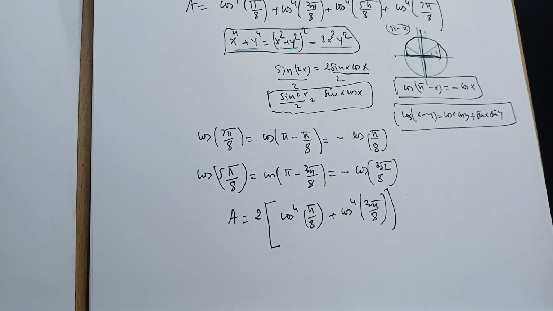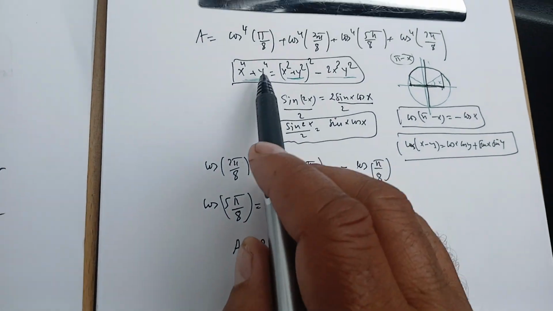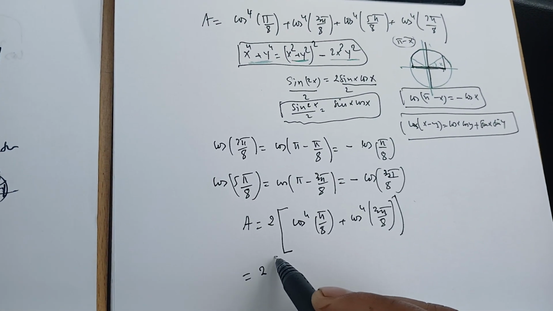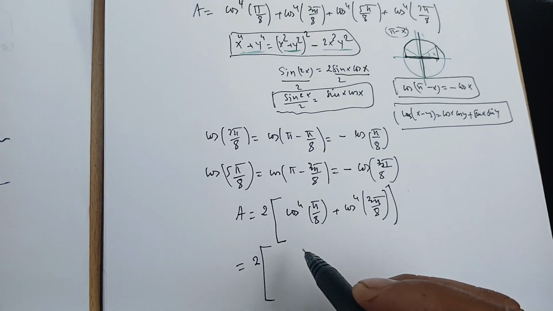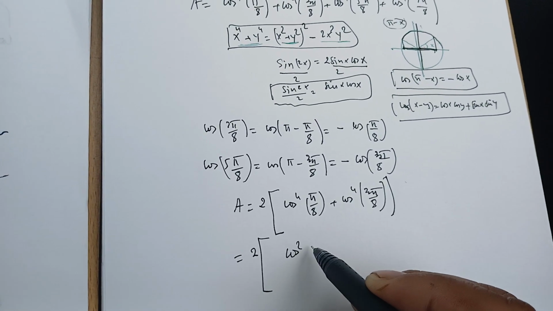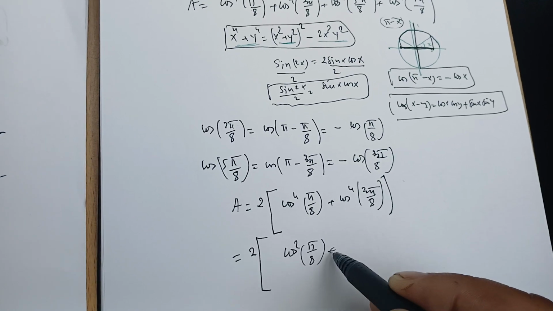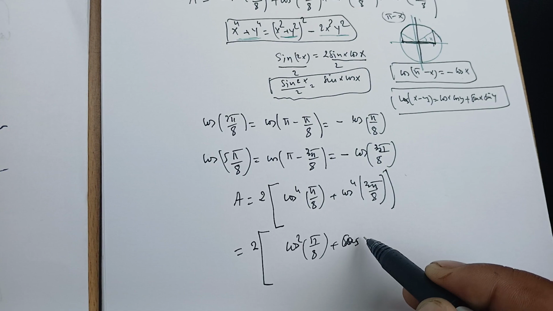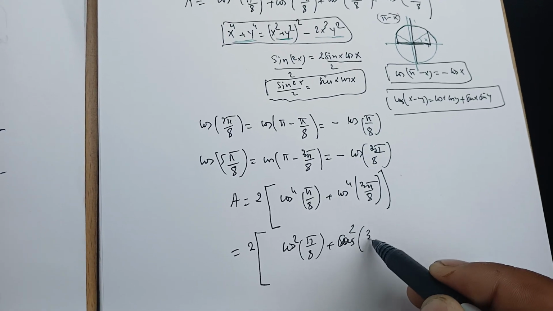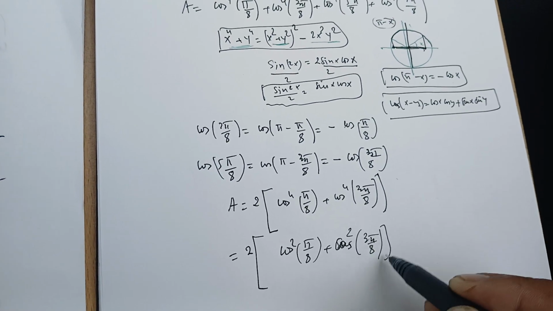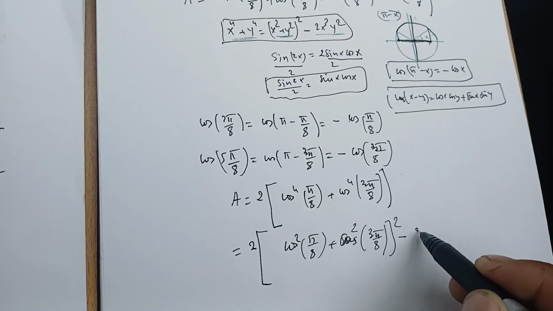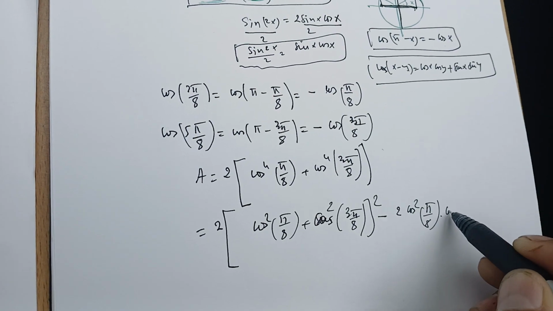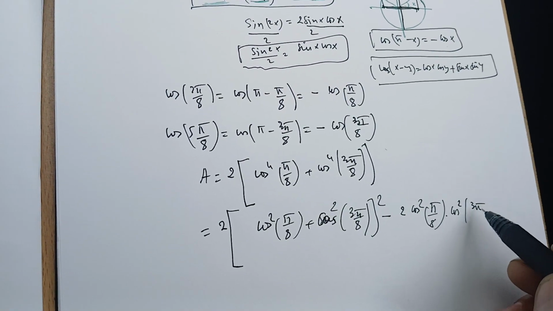Great. Now let's use this one here. We're going to have these two in the front, so it's going to be cosine squared of pi over 8 plus cosine squared of 3 pi over 8, squared, minus 2 cosine squared of pi over 8 times cosine squared of 3 pi over 8.